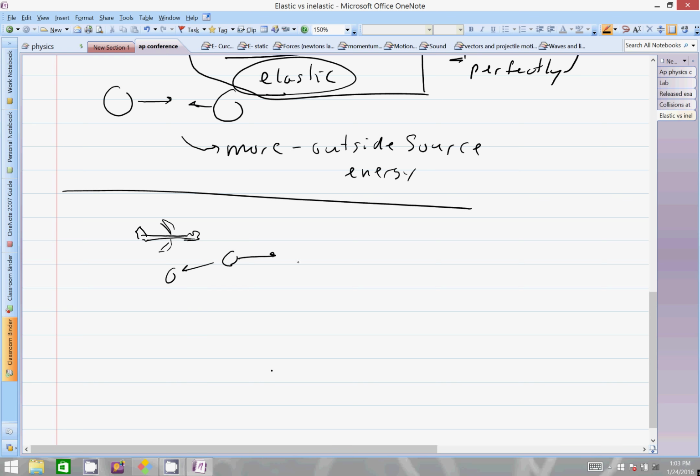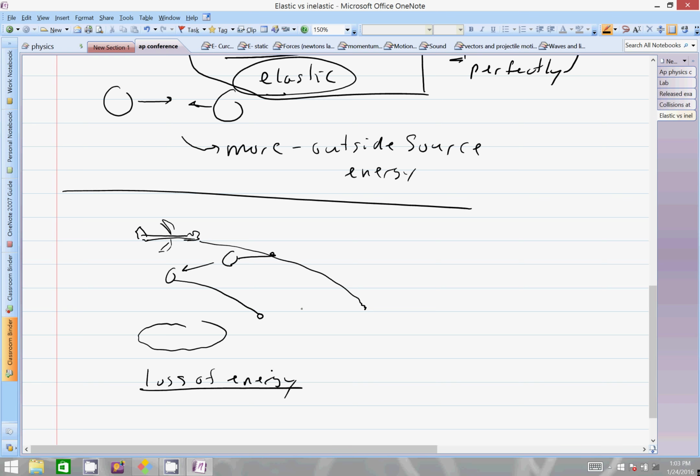So it's breaking up and it falls down. In that case, anything that would be simply breaking apart should have a loss of energy.